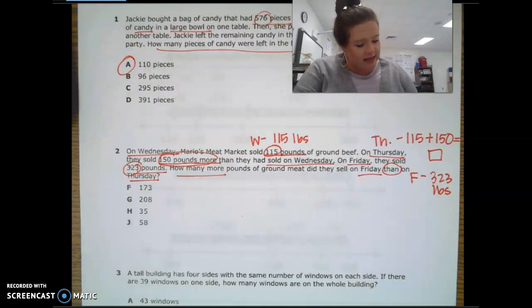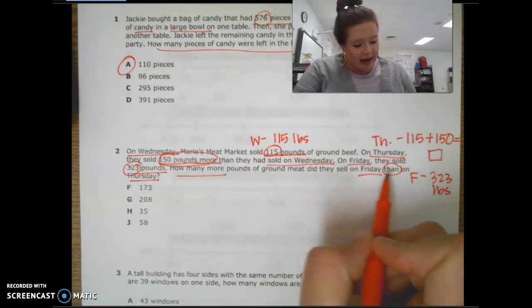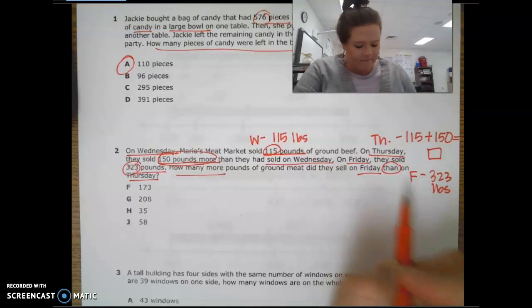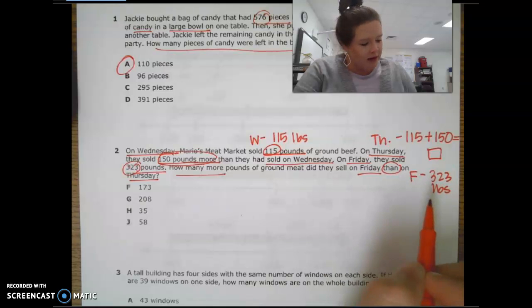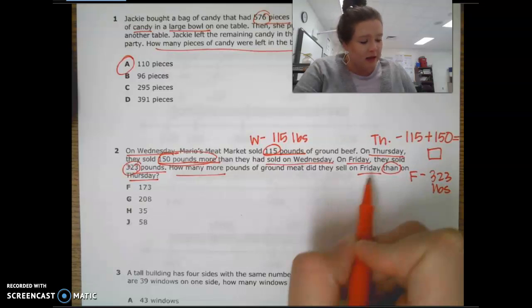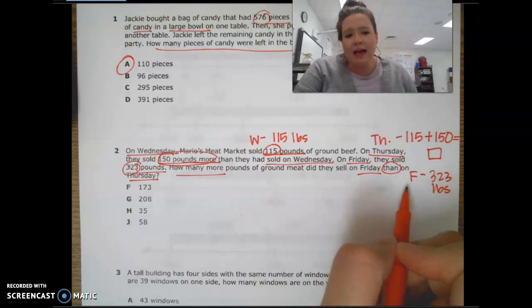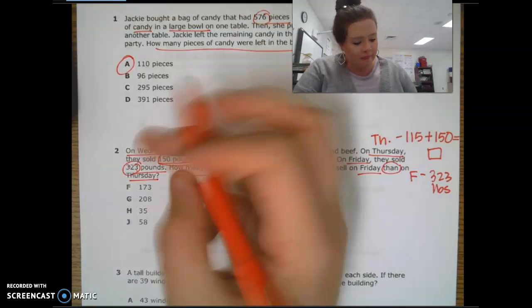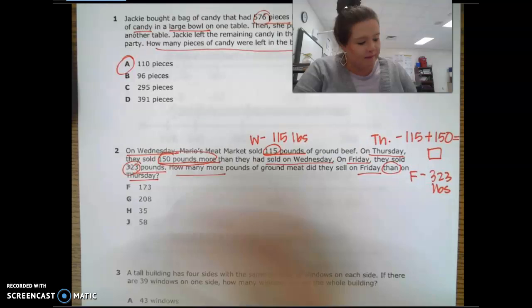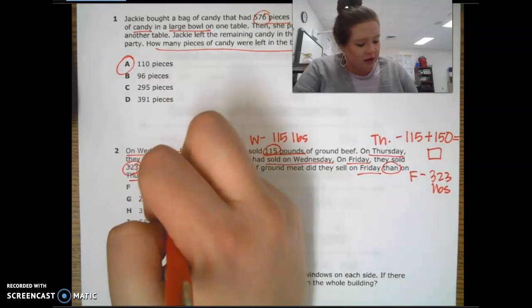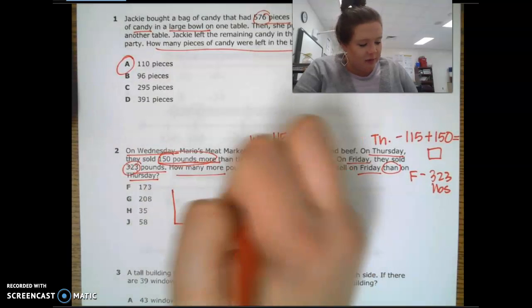The question is asking us, how many more pounds of ground meat did they sell on Friday than on Thursday? Well, how many did they sell on Friday? Friday they sold 323 pounds.